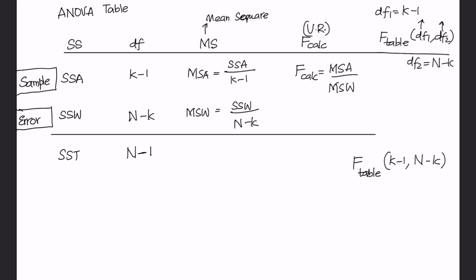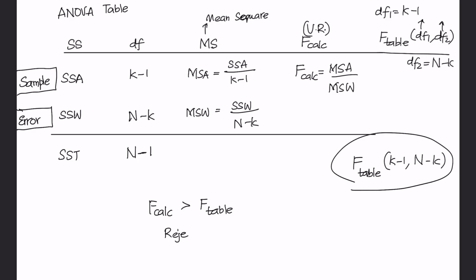Now if this calculated value is greater than the table value, we reject H0, and vice versa. If the calculated value is less than the table value, we accept H0. So we have 2 separate values right here.